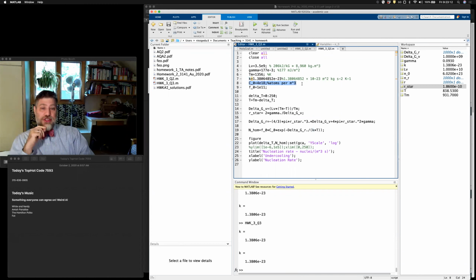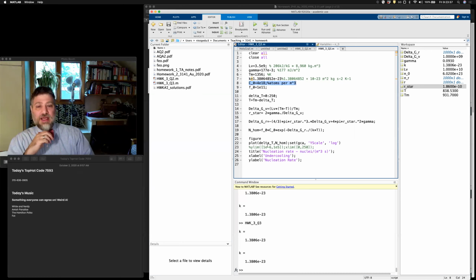The equation in the book is the nucleation rate per unit volume. So here I've substituted in the number of atoms per cubic meter, and did the same thing.